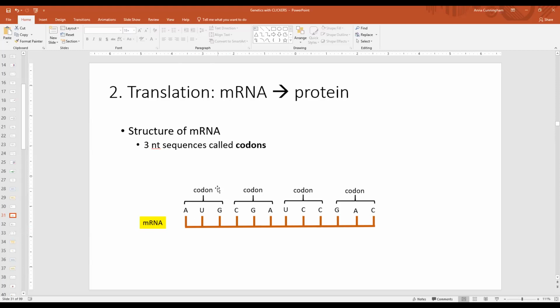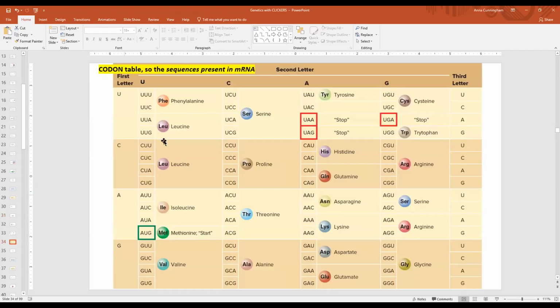So in order to translate that, we convert that nucleotide language into a codon language. So basically every 3 nucleotides is a codon. And if we look at that, the codon table tells us what sequence of nucleotides codes for what amino acid.